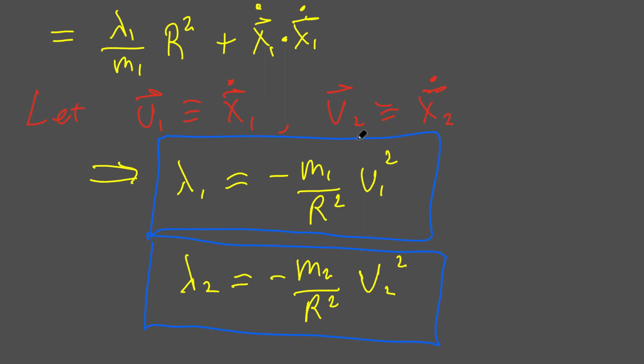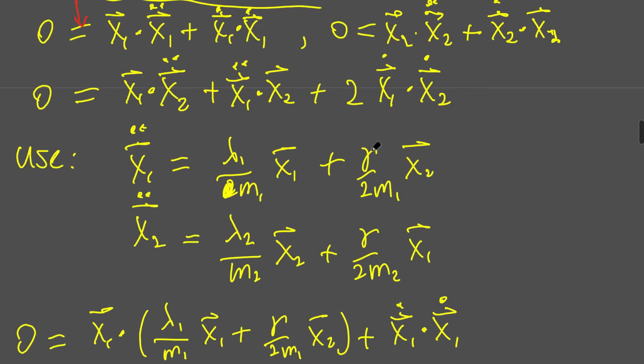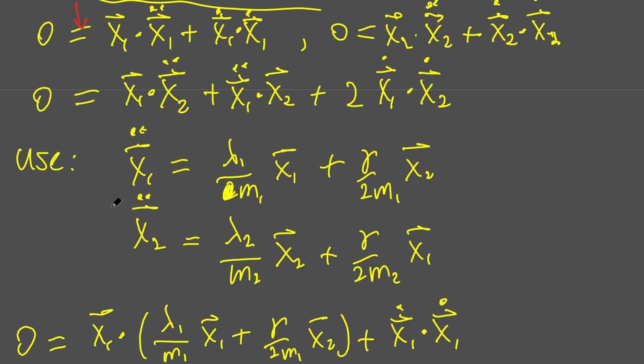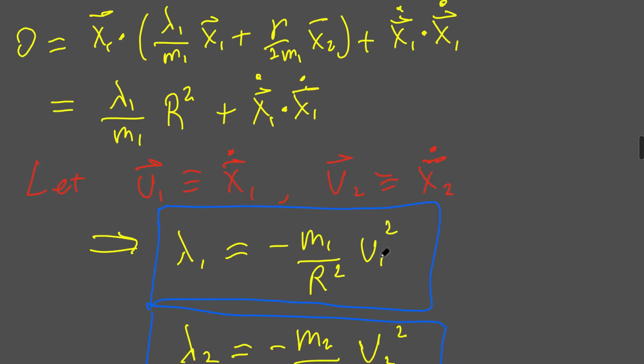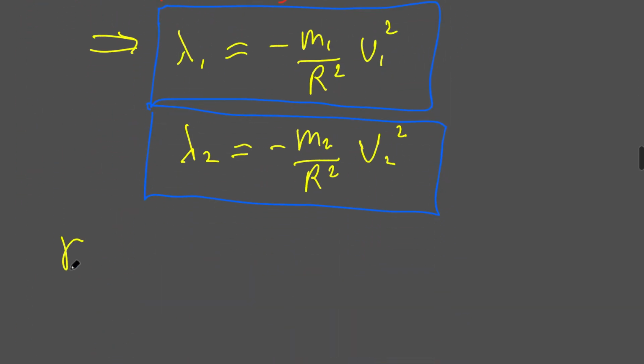And finally, we want to simplify this equation using these results. Okay, so we have 0 equals x1 dotted with x2 double dot. So the x1 with the x2 gives 0. x1 dotted with x1 is just capital R squared. So this first term gives gamma over 2m2 times capital R squared.